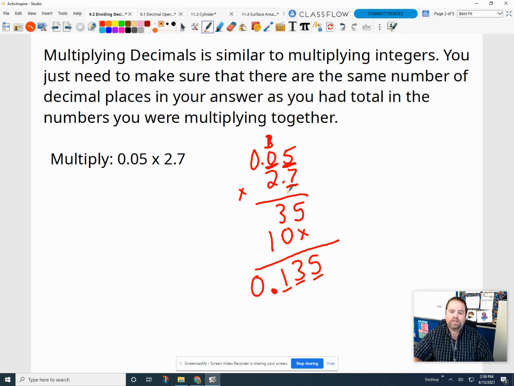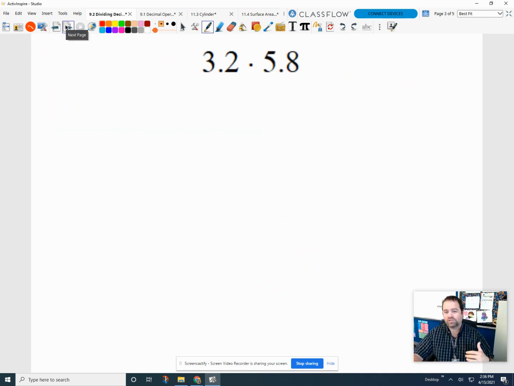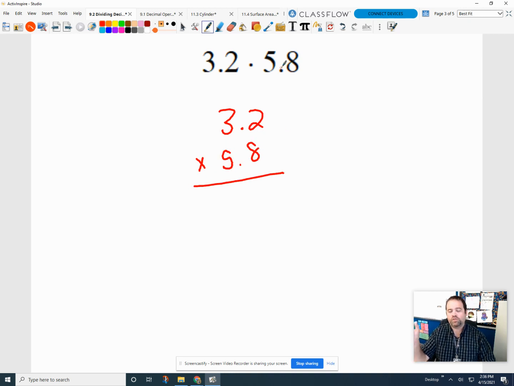Okay, we're doing these by hand though. So just make sure that you have as many decimal places in your answer as you had in total in the numbers that you're multiplying together. You could probably tell me without ever doing the problem how many decimal places are going to be in the answer, right? I'm doing 3.2 times 5.8. So I know my answer should have 2 places after the decimal point. 8 times 2 is 16, carry the 1. 8 times 3 is 24, so 25 when I add the 1 back on.